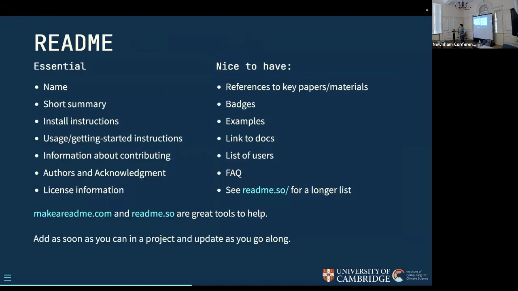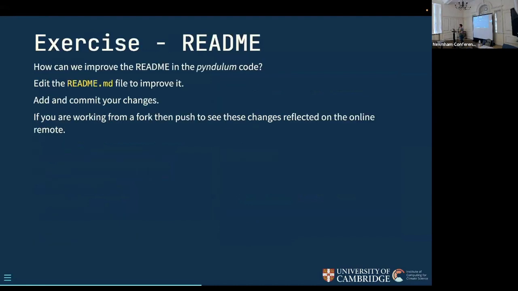So I won't dwell too much on this because there'll be a discussion in the RSE skills session tomorrow. But the thing to think about is, could you give this to a user and would they be able to take the code just from a URL link and start using the code and doing the basic things with it?